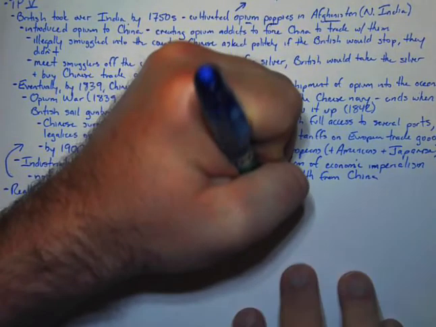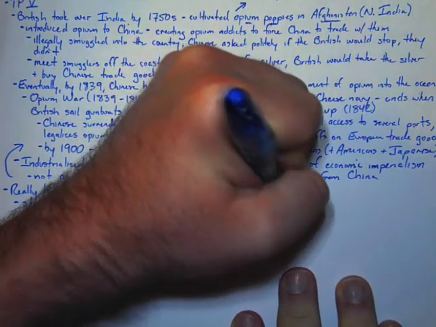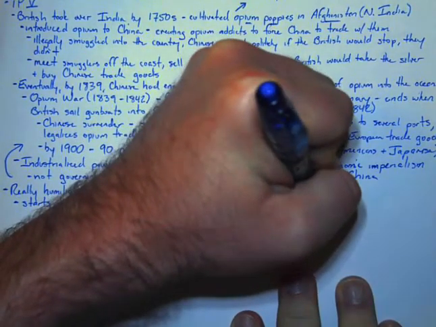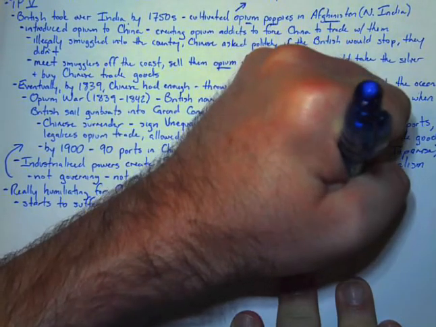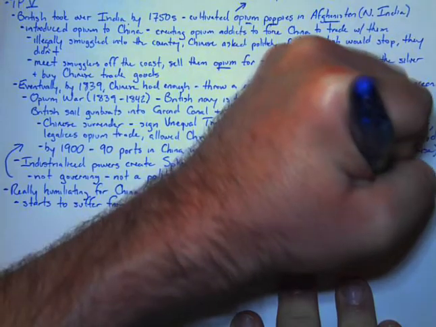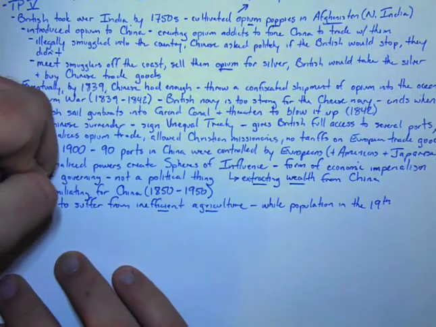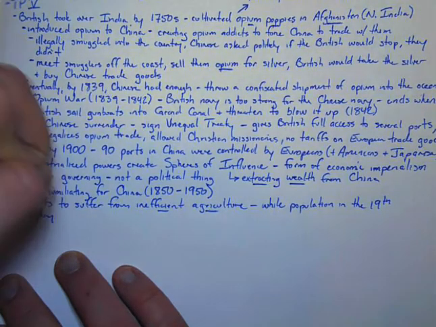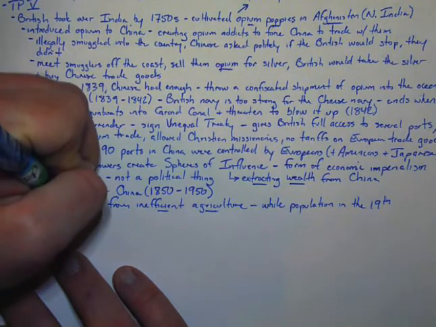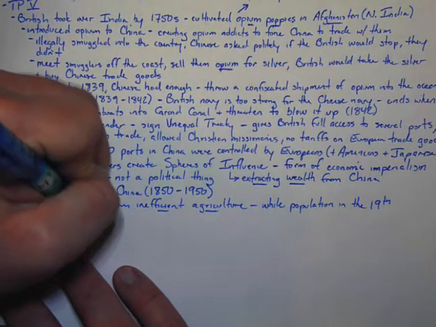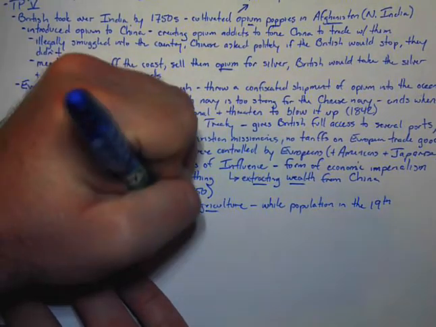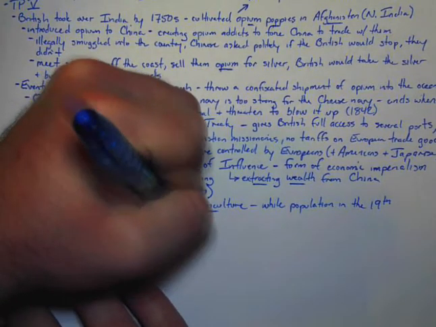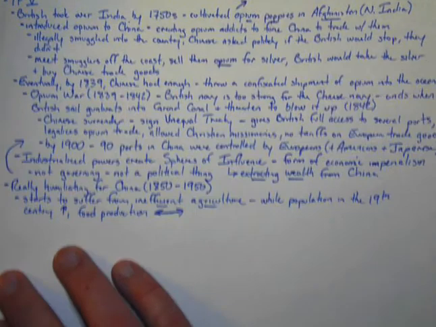So while the population in the 19th century goes up, the food production stays pretty stagnant. It doesn't really move.